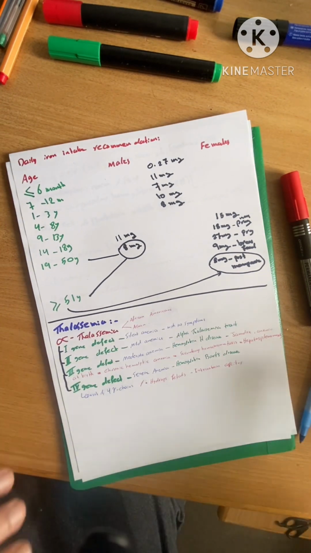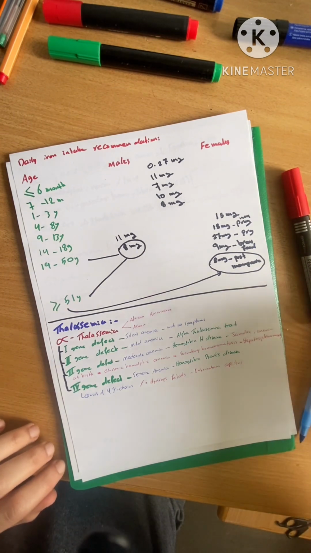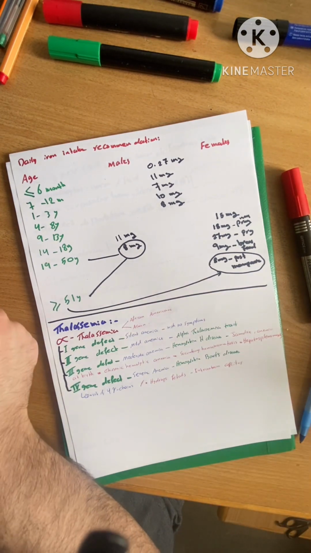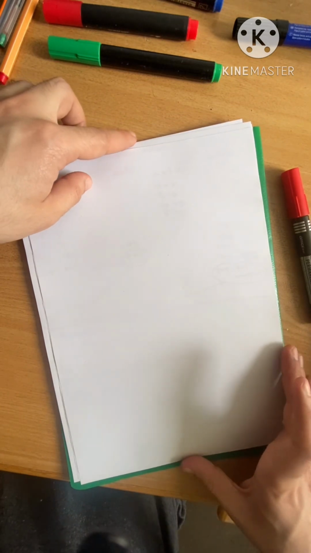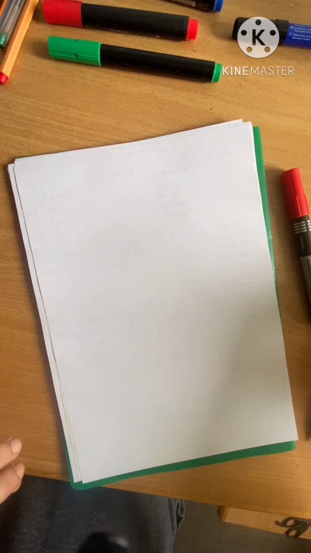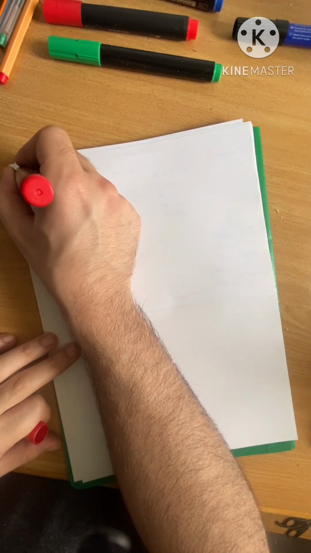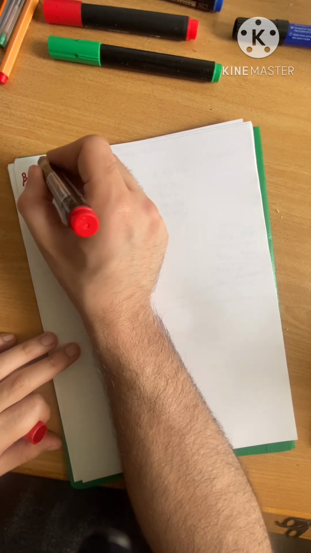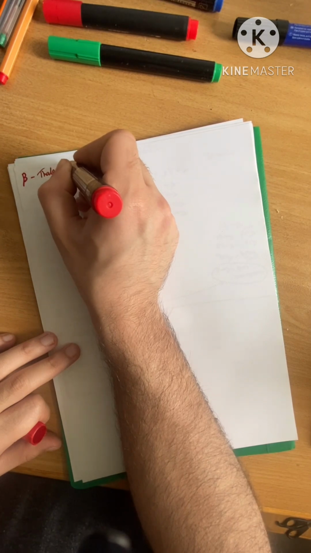Another type of thalassemia, we are having beta. Let it be another page. We are having now the beta one, beta thalassemia.